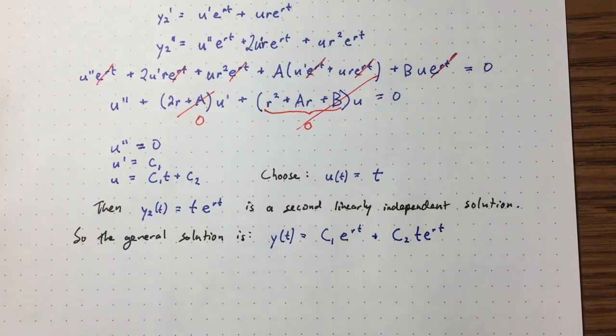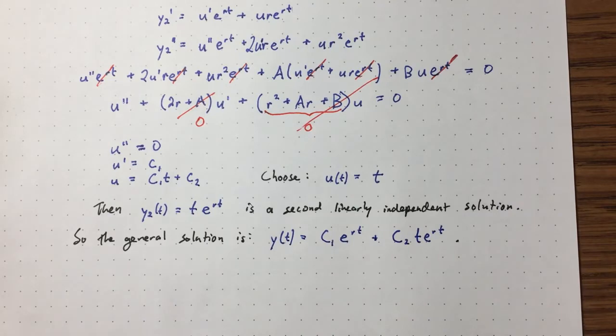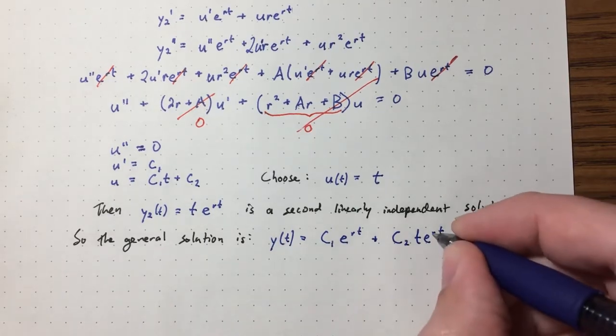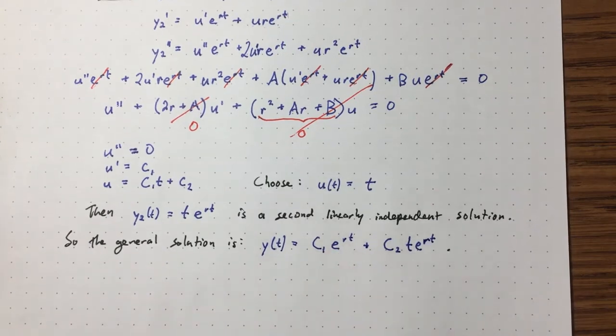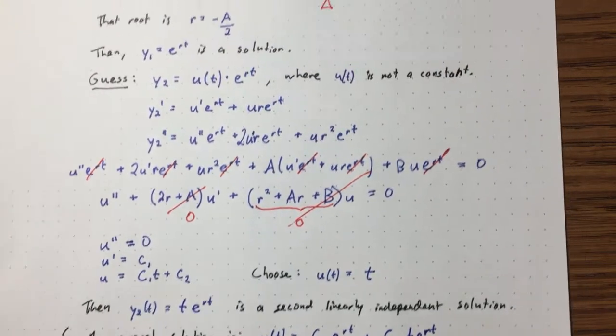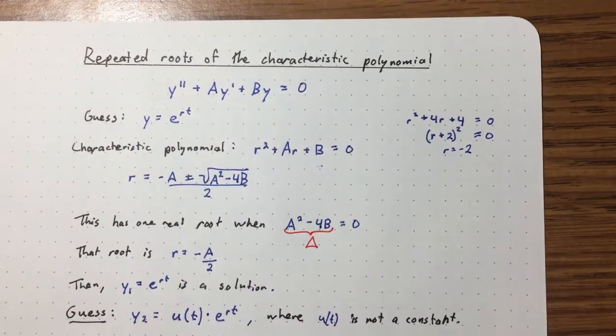Okay. So we get this exponential function times a linear function. It's the same r up here, right? So this is our general solution in this repeated roots case. And with that, we're done solving this differential equation.